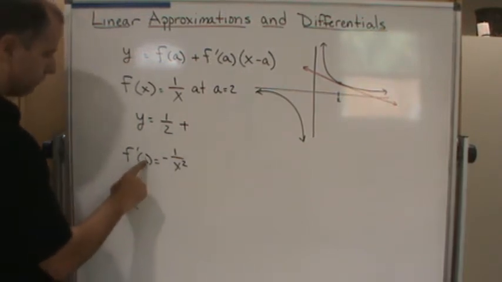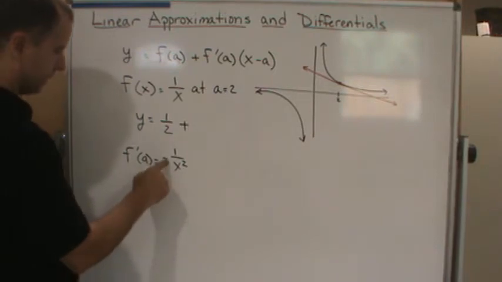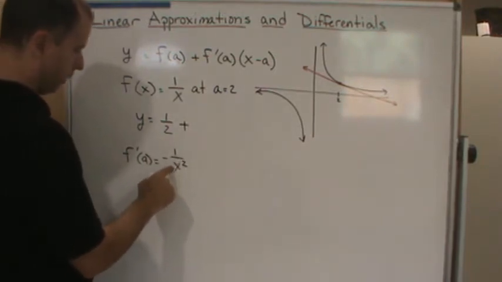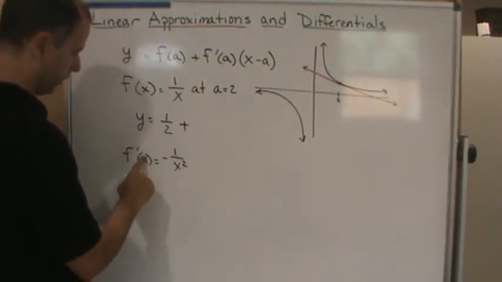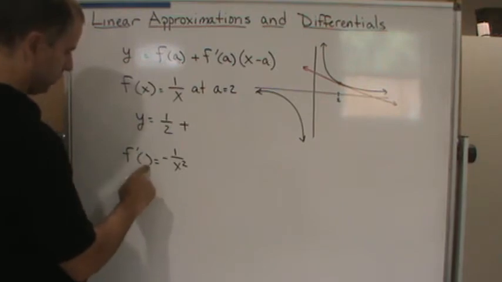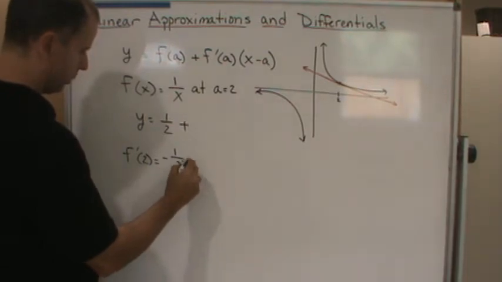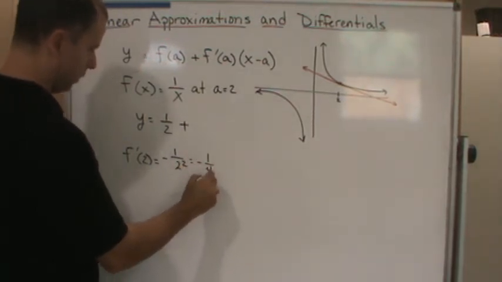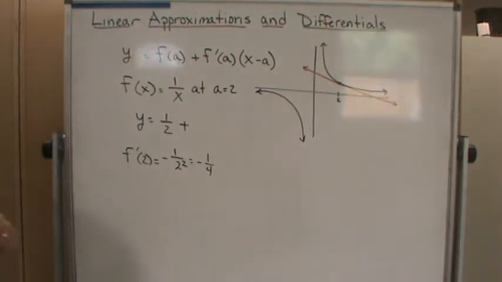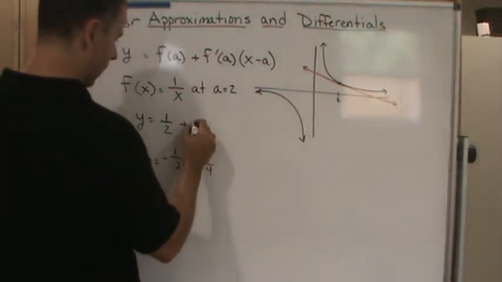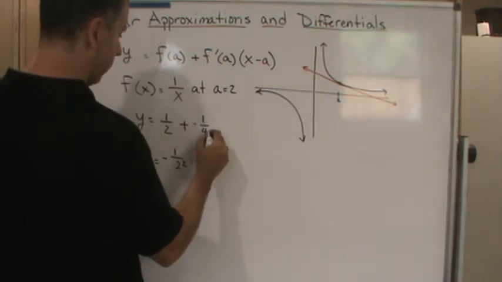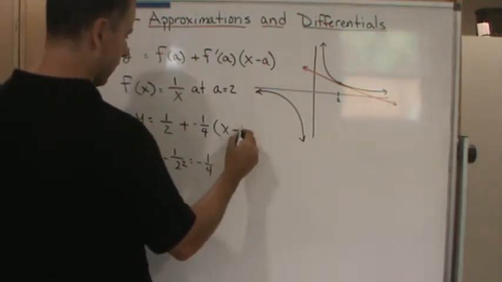That means f prime of a is going to equal negative 1 over 2 squared, so negative 1/4. And so we get negative 1/4 times x minus 2.